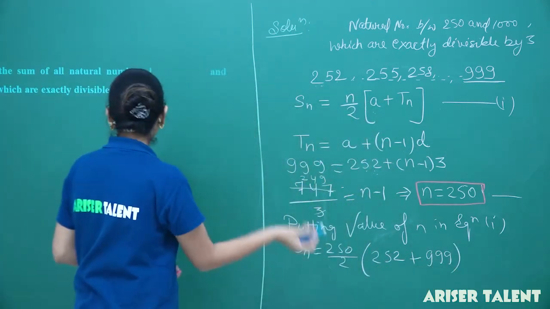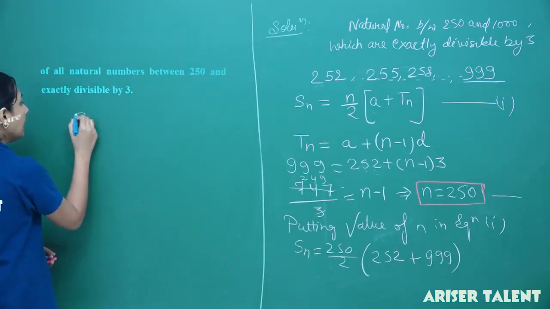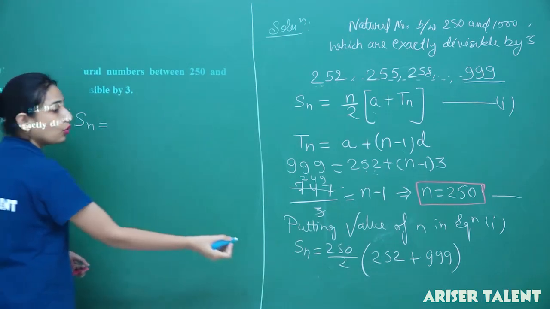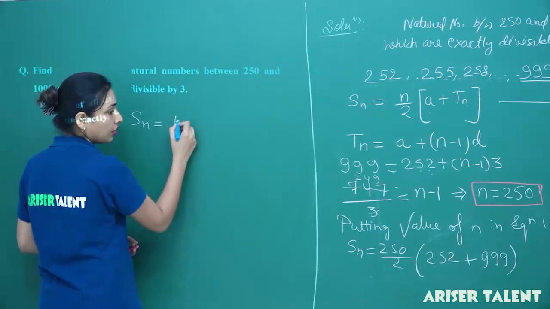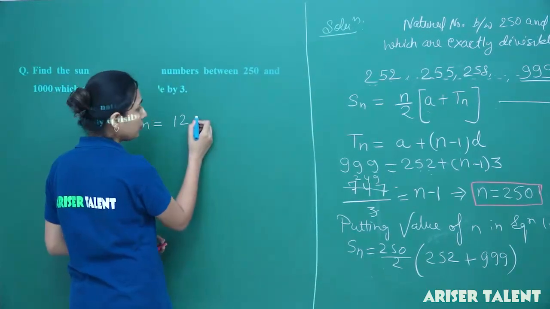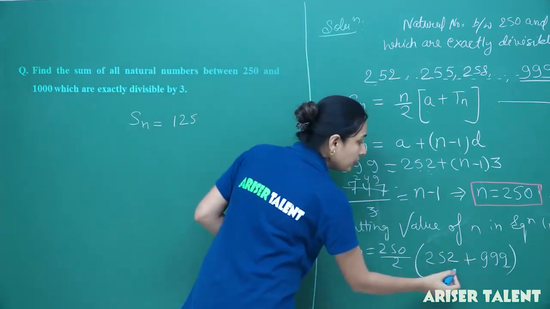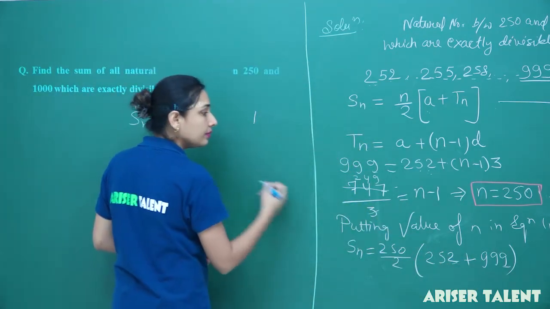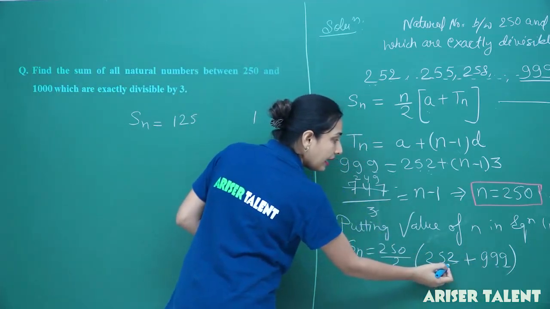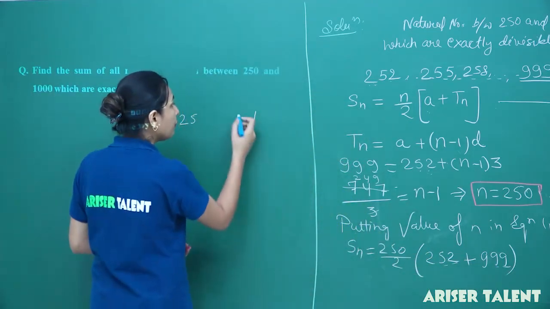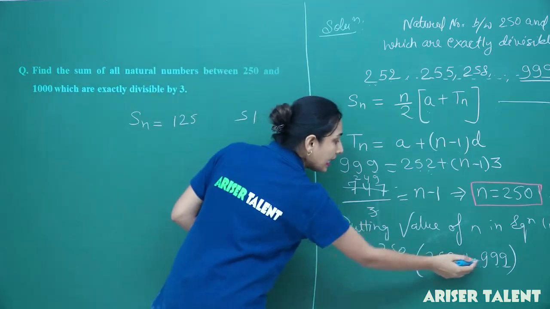So now we will solve it here. Sn will be equal to 250 by 2 times 1251.